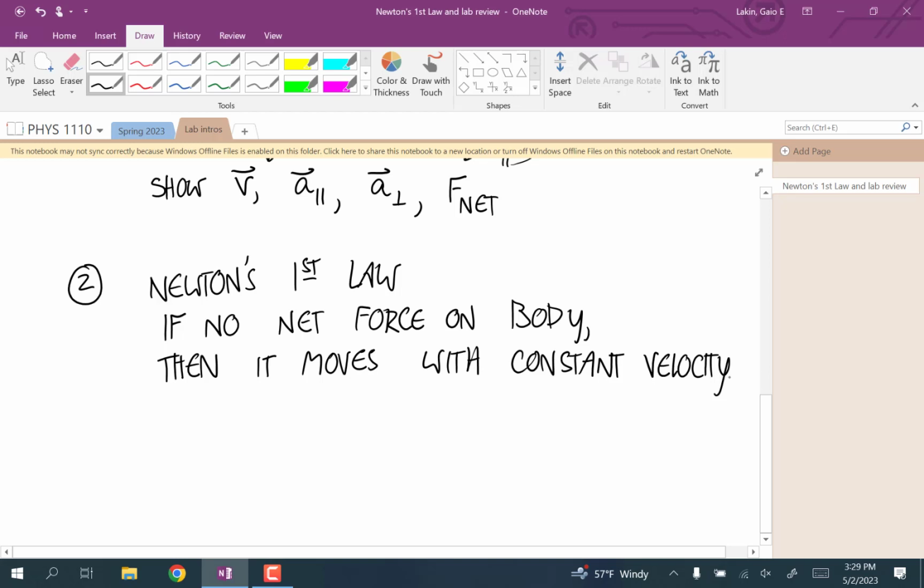And moving with a constant velocity means that it doesn't turn and it doesn't change speed. So it moves in a straight line with a constant speed.